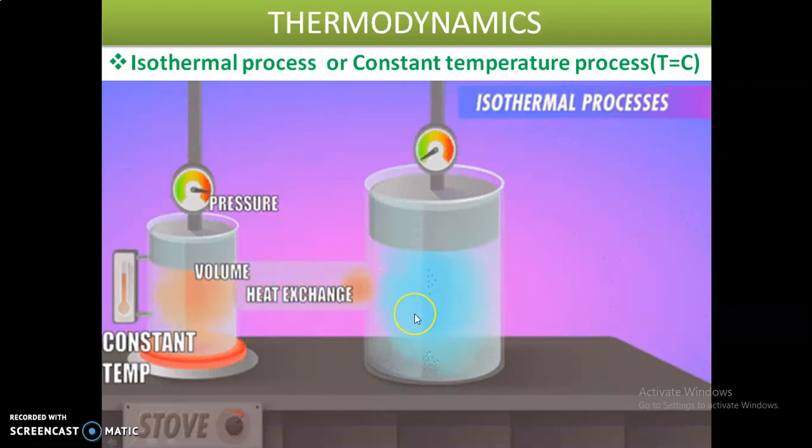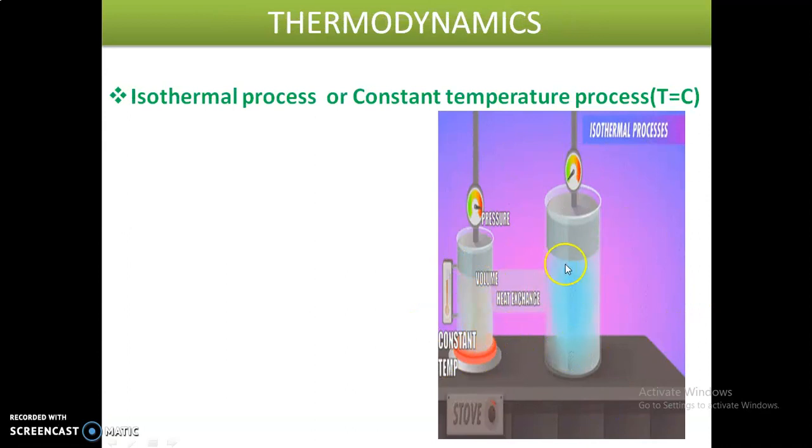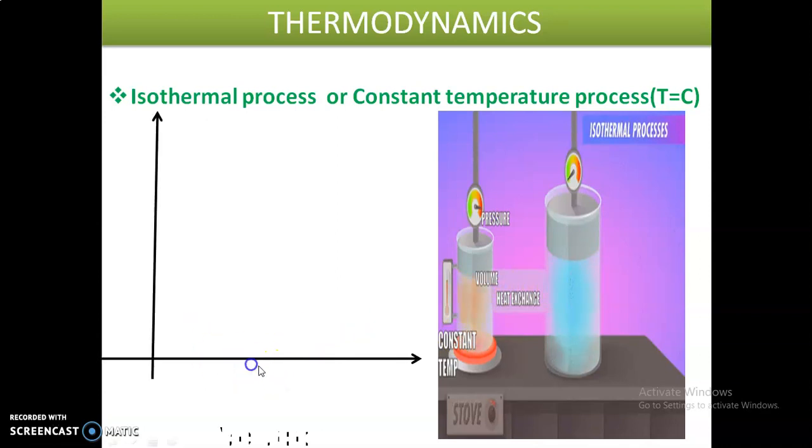Here we will have the PV diagram for a constant temperature process. Draw the x-axis and y-axis. On the x-axis take volume, on the y-axis take pressure. Initially, at state 1, the pressure will be P1 and the volume will be V1.